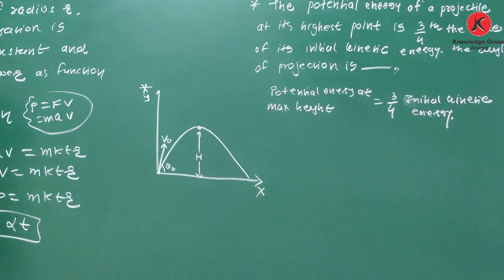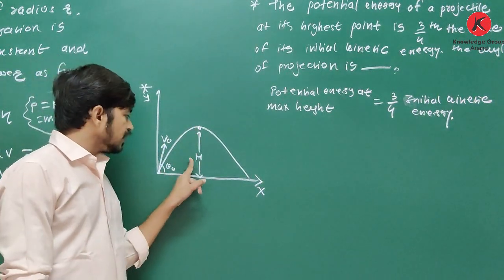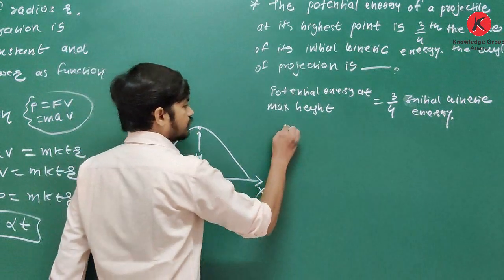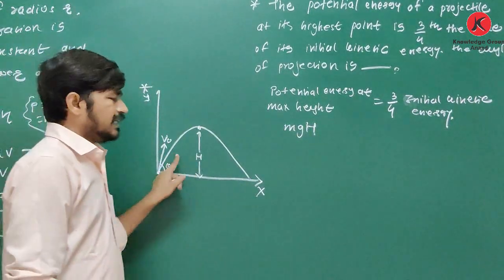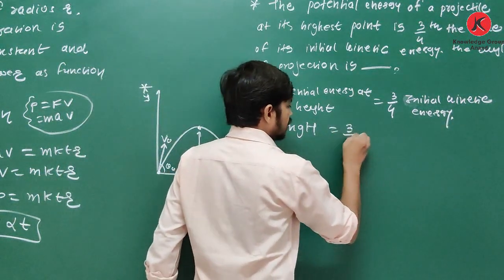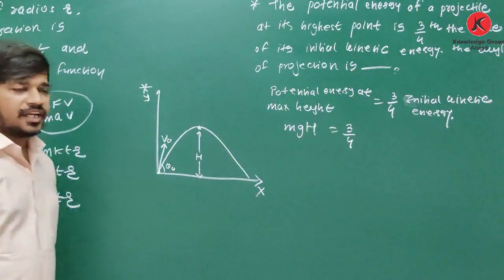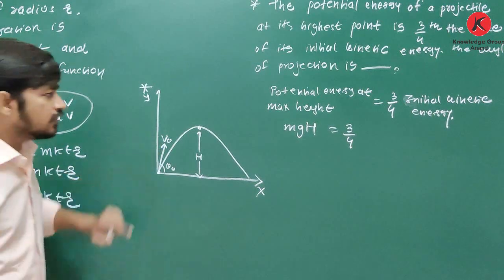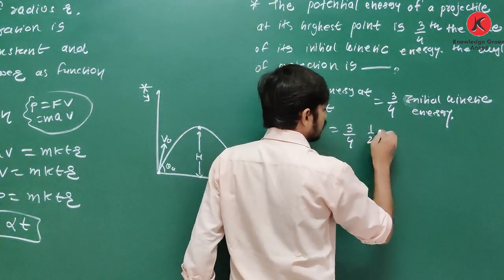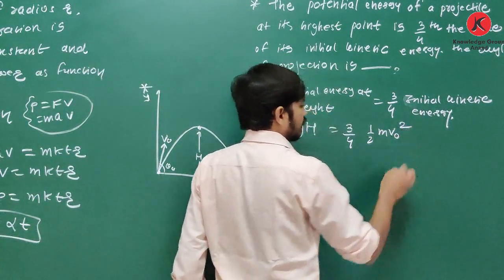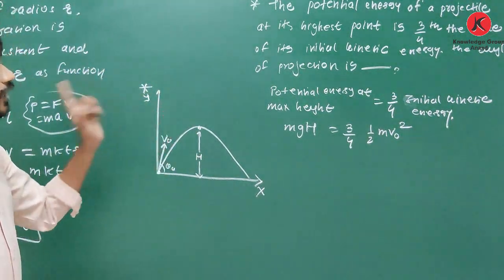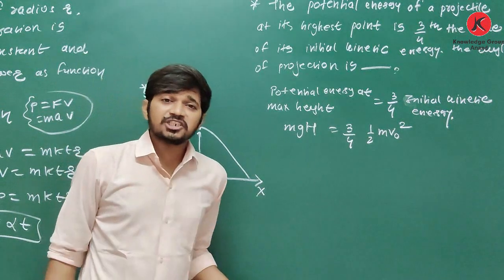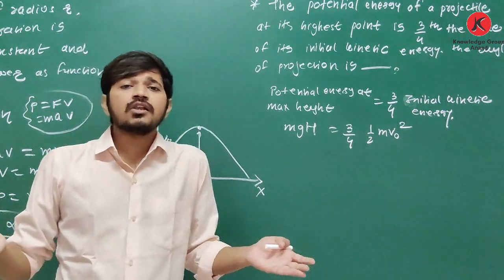Now potential energy at maximum height from the ground, what is the height? It is H. So yes, we know the equation of potential energy, it is mgH. So mgH, maximum height, is equal to 3/4 of initial kinetic energy. Initial speed is v0, so here it is half mv0 square. Clear about this? So now you have to find the angle of projection.